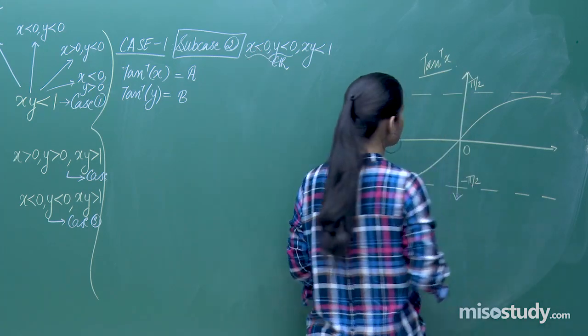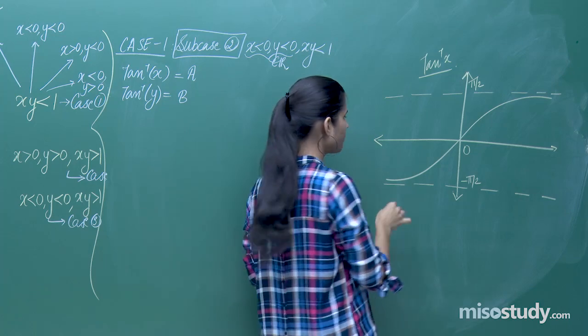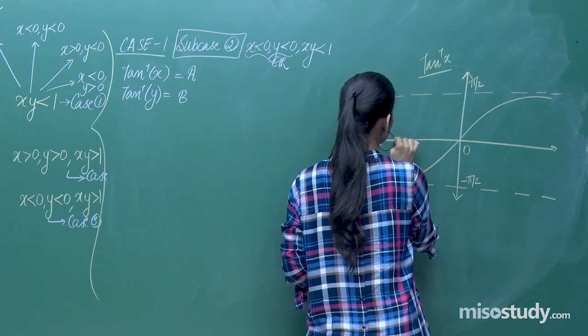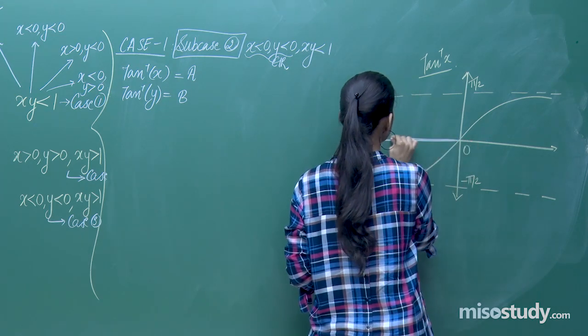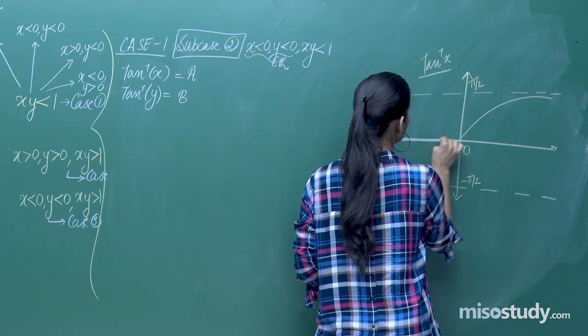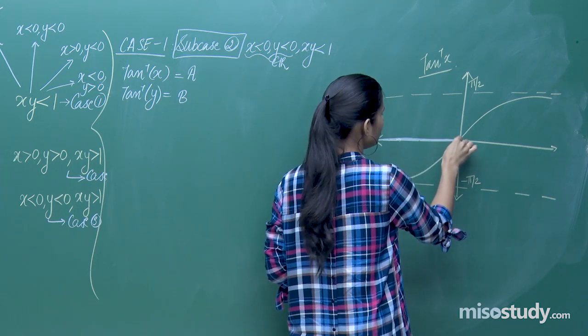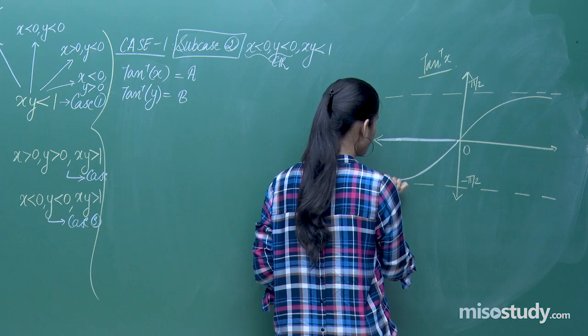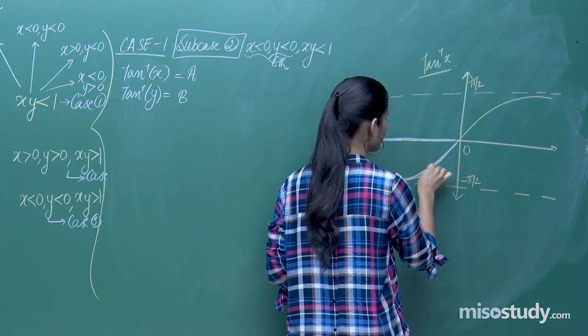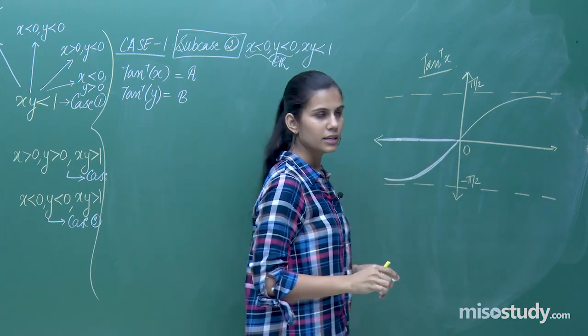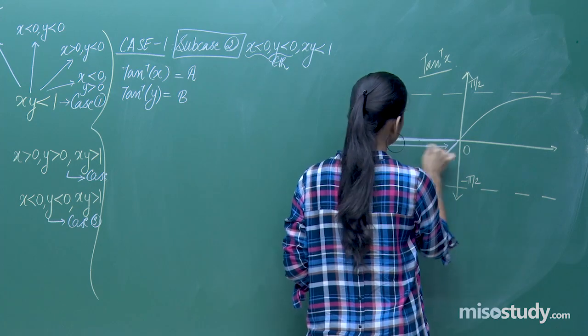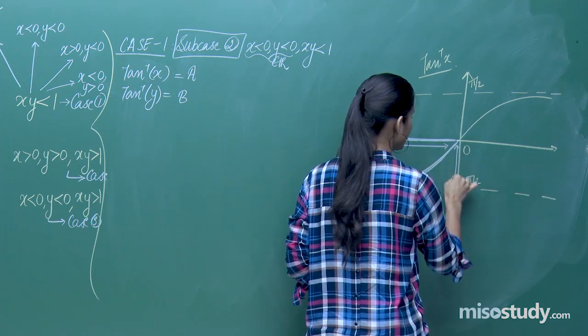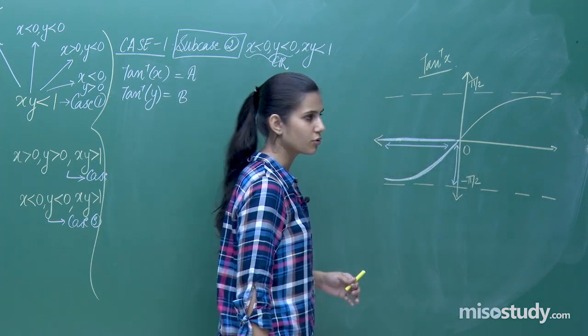Right now we have x is negative. Previously we had x positive. If x is negative, that means x is lying here. It is strictly negative, so it is not equal to 0. If x is negative, you can see tan inverse x is ranging from minus pi by 2 to 0. If x is lying here, tan inverse x is lying here.